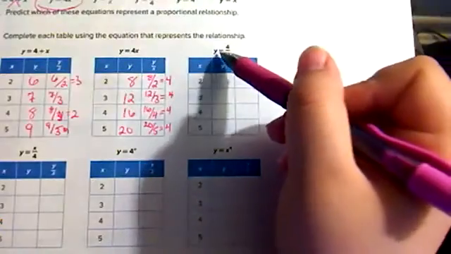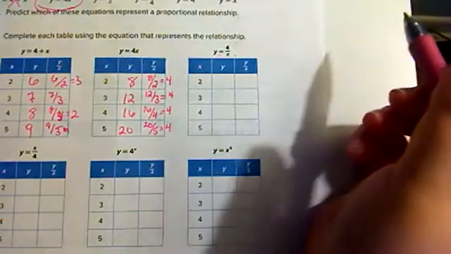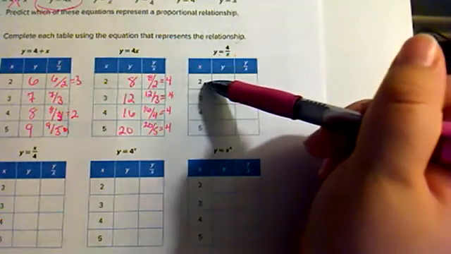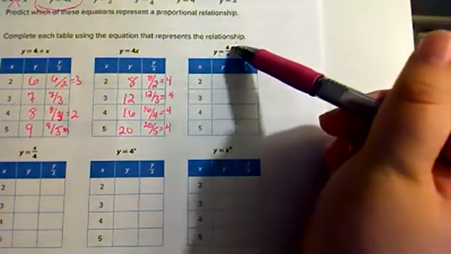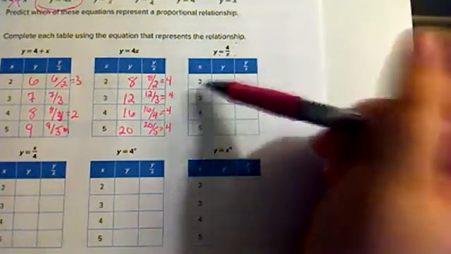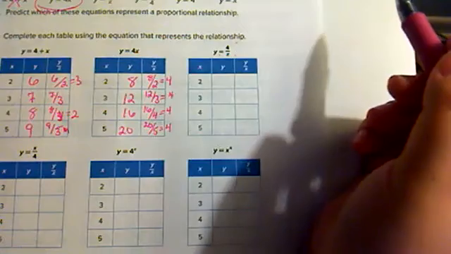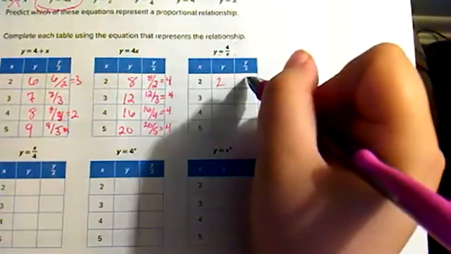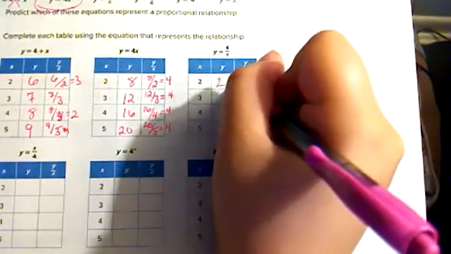Let's look at this one. Y equals 4 divided by x. So let's look at y. We have 2, 4 divided by 2 is going to give us 2. So in this case, it would be 1, or 2 over 2 is equal to 1.